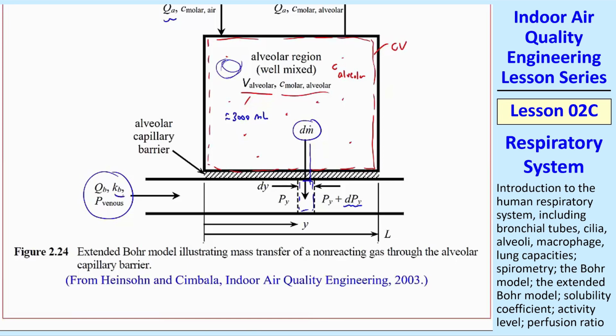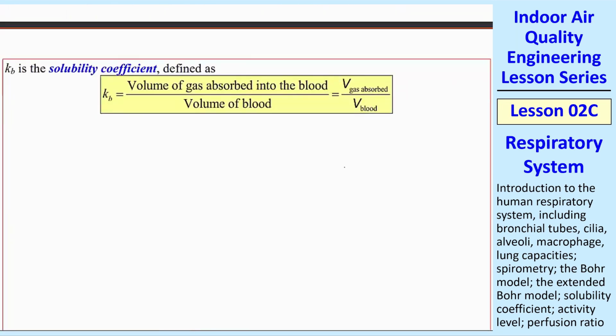And this Kb I wanted to define here as the solubility coefficient. It's the volume of gas absorbed into the blood over the volume of blood. So it's just V gas absorbed over V blood. And that's a coefficient that is important. So for example, if you're looking at oxygen breathing, Kb for oxygen, Kb sub O2, for a typical person is 10.7 milliliters of O2 per milliliter of blood.